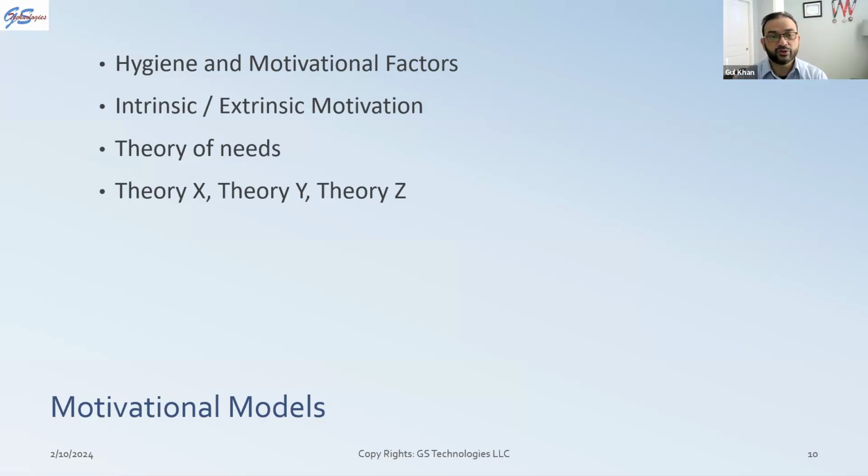I'm not going to go into the details of these theories, but you should read them in chapter number 4. If you have already read them in your coursework during your bachelor's or master's, it's pretty much the same factors.